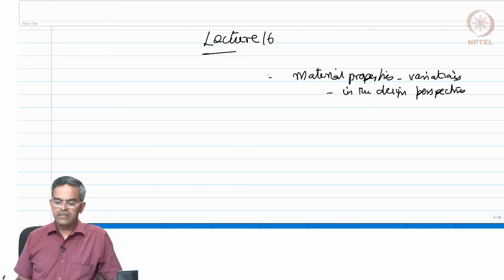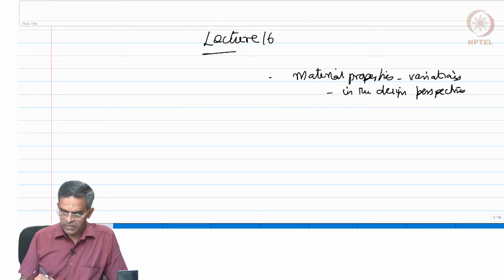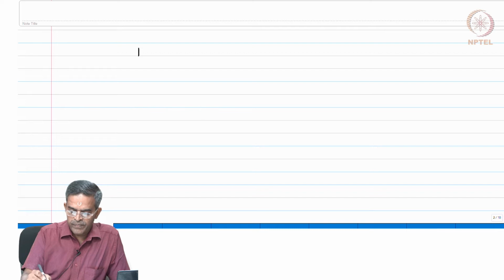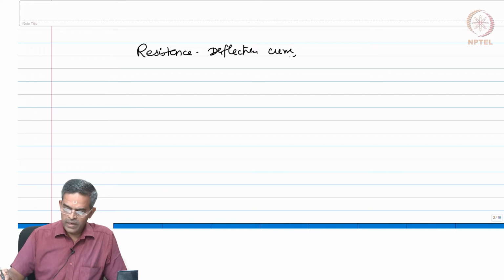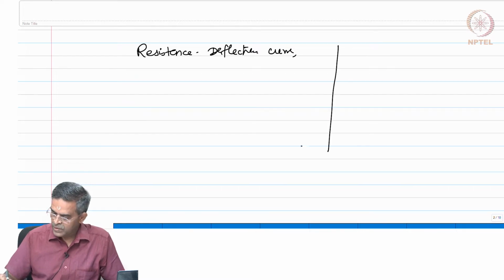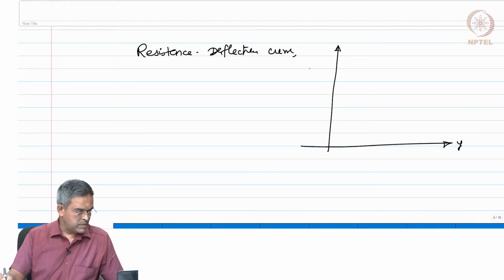As we said in the last lecture, the resistance deflection curve, which is idealized as shown here, deflection versus resistance.